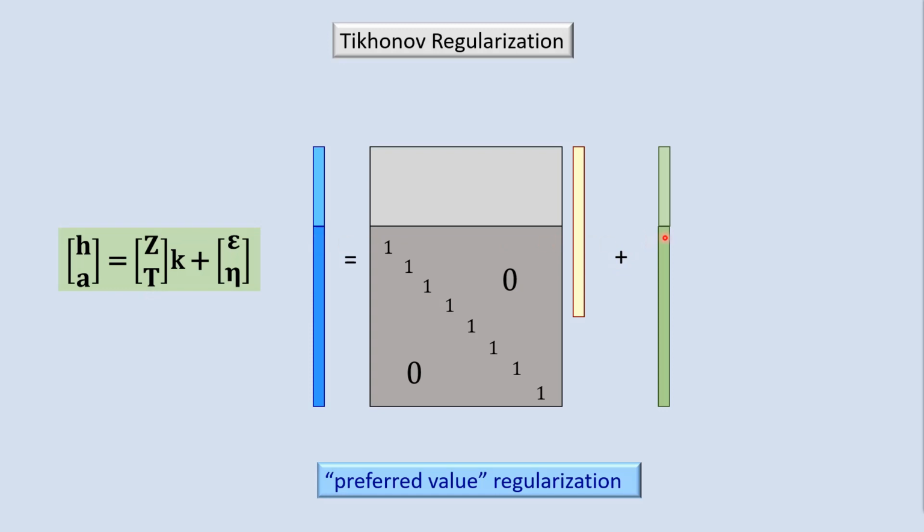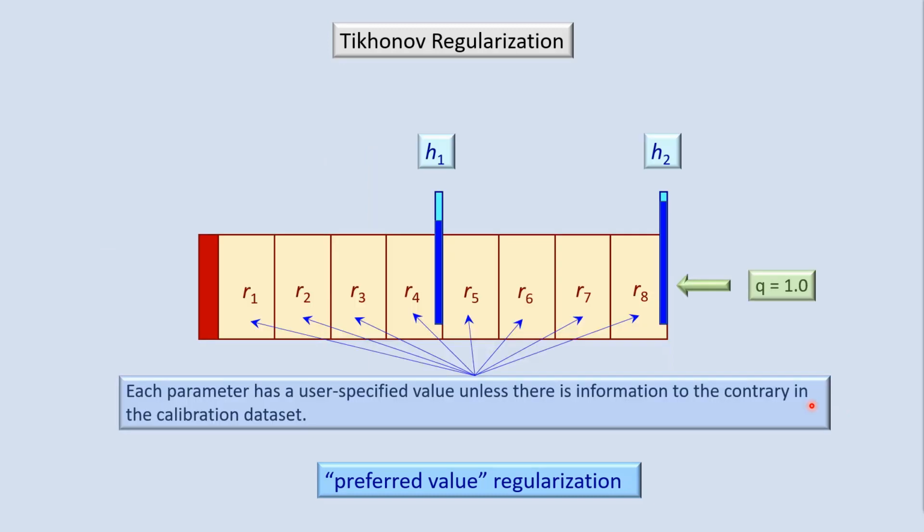So R1, our first resistance, is equal to A1, R2 is equal to A2, etc. So the fallback position in this case is simply a value assigned to each parameter. R1, R2, R3 all have a fallback position which is a value provided specifically to them, which can be the same value, in which case homogeneity is the preferred system condition from which we seek minimum departure to solve the inverse problem.